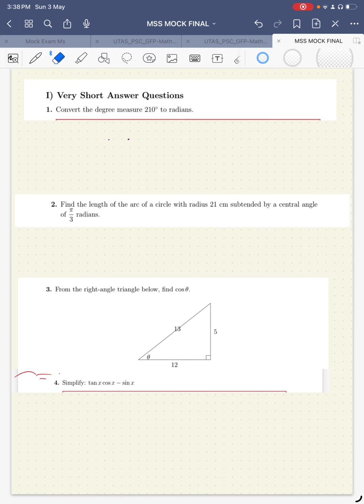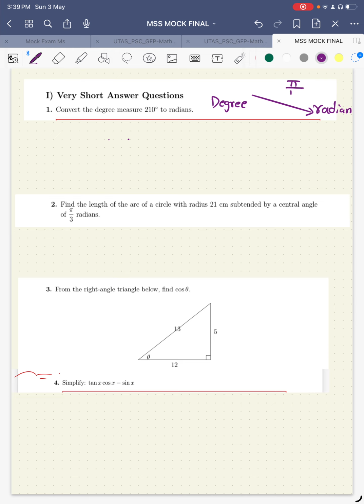Very short answer questions. Convert the degree measure 210 degrees to radians. So remember, if I have a degree and I need to convert it to radians, I need to multiply with what?